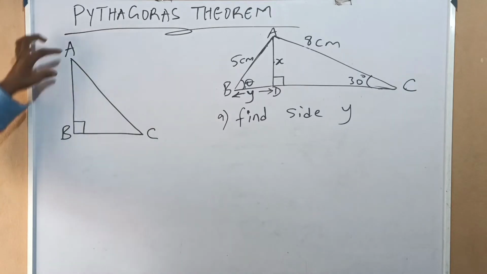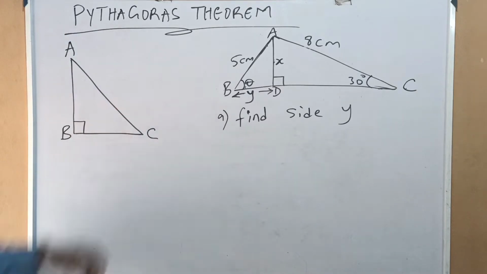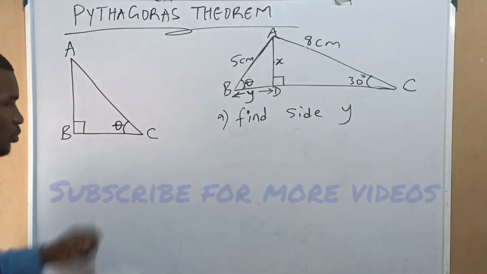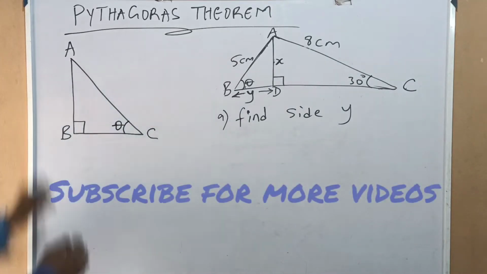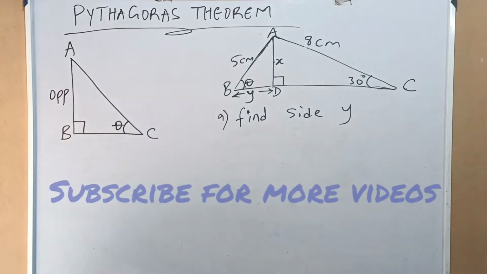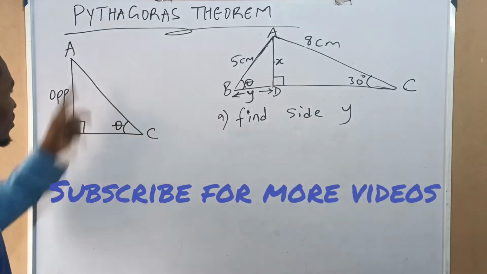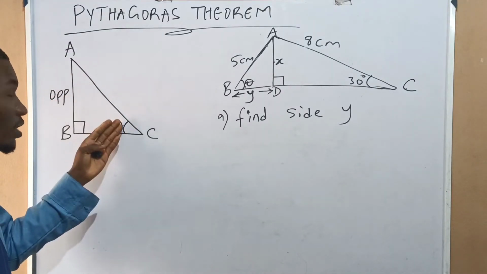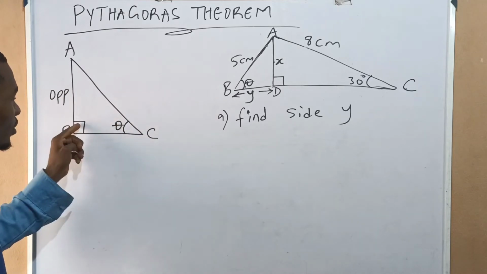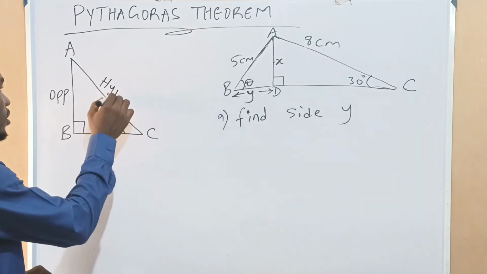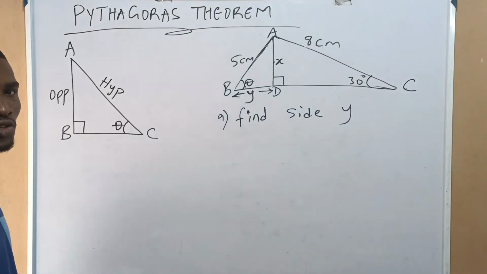Now, if I consider here to be my theta, wherever my theta is facing directly is referred to as the opposite side of this given right angle triangle. And remember, the slanty or the longest side of this given right angle triangle, where this angle 90 is facing directly, is called the hypotenuse side of this given right angle triangle.